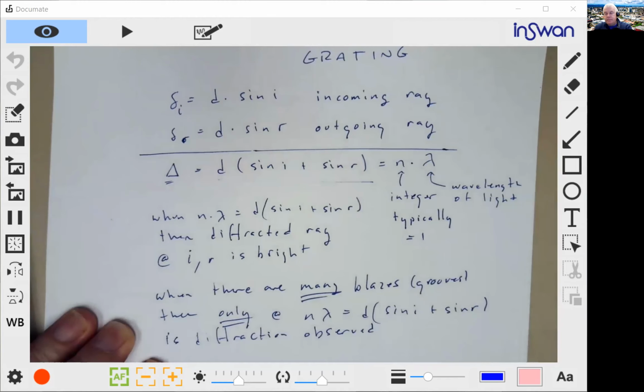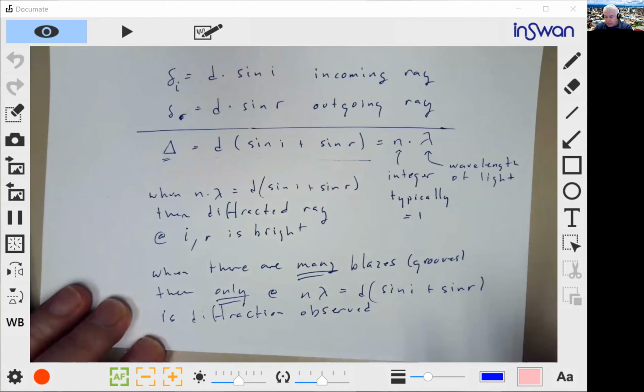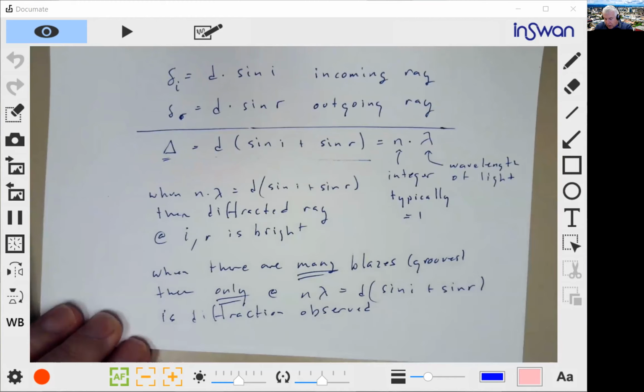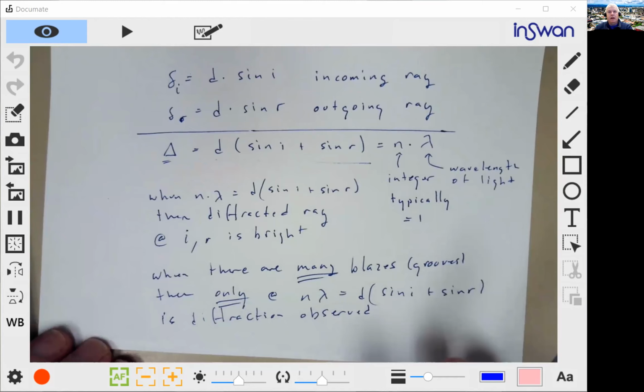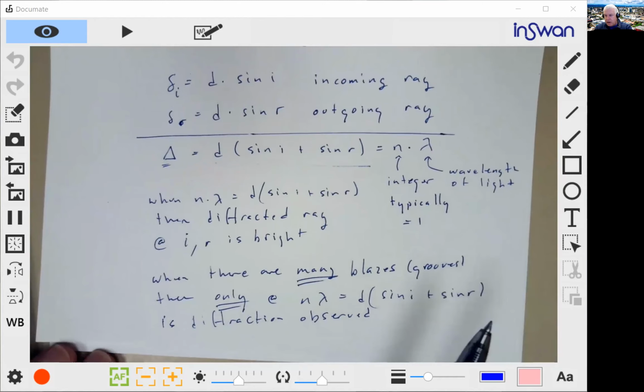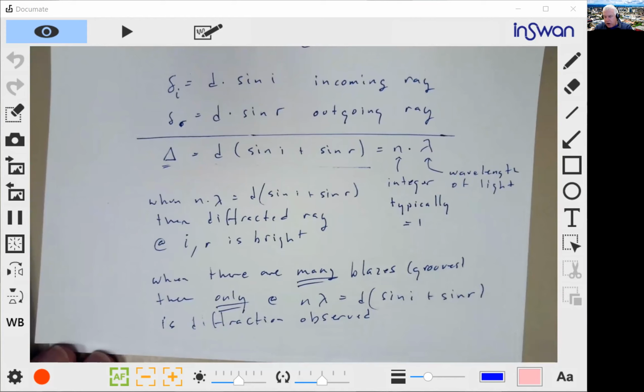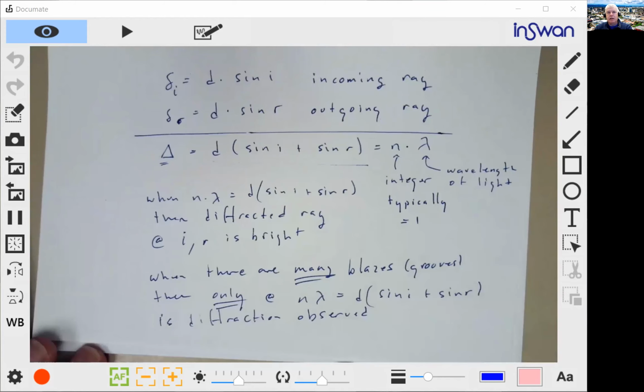So that's basically how diffraction gratings work. I mean, this is a first order approximation. It's all I know, but I think this is a decent way to start with how they work, right?